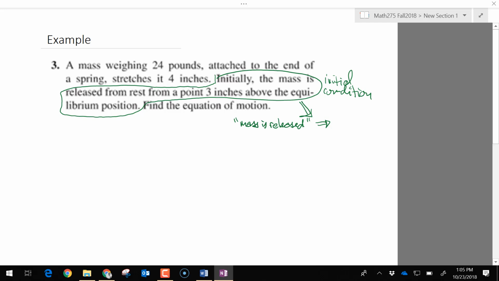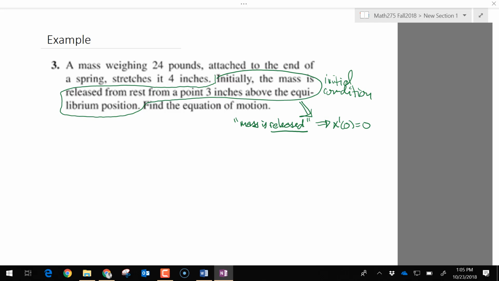It's like those problems in Calc 2 where you're on top of a building and you drop the ball versus you throw the ball. When you throw the ball, it gives an initial velocity. When you drop the ball, the initial velocity is just going to be 0. That's the same idea here. When you release something versus pushing it, your initial velocity is going to be 0. So our initial velocity, given by the first derivative, is 0.